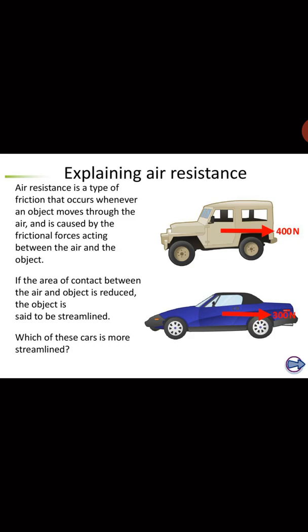But the blue car which is down is also moving towards the left, so air resistance will be towards the right. Therefore the red arrow is towards the right. Here the air resistance is 300 newtons. So you can see how streamlining helps in reducing air resistance. If air resistance is reduced, the object can move at a higher speed.